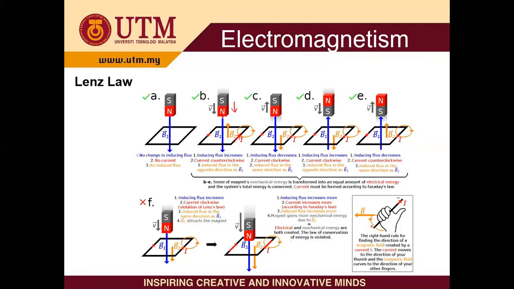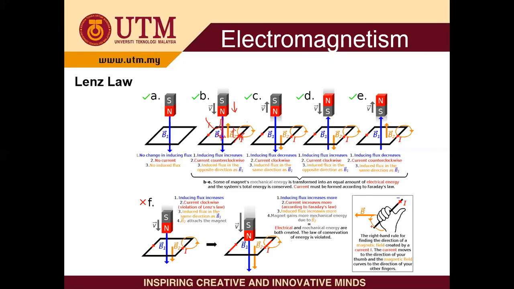For example, this is the field produced by the magnet, which is north, going out. So the current induced is in the direction that will produce a magnetic field opposing the magnet. From this example, we can see that the current will be in a counterclockwise direction, because it wants to produce an upward field.